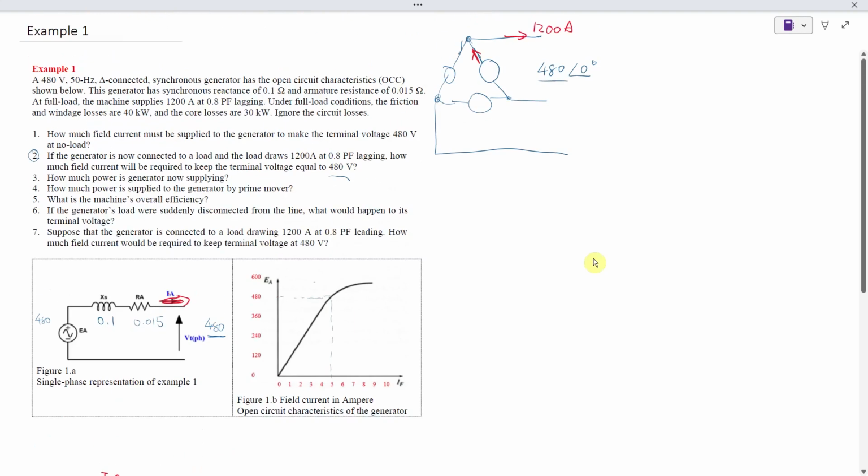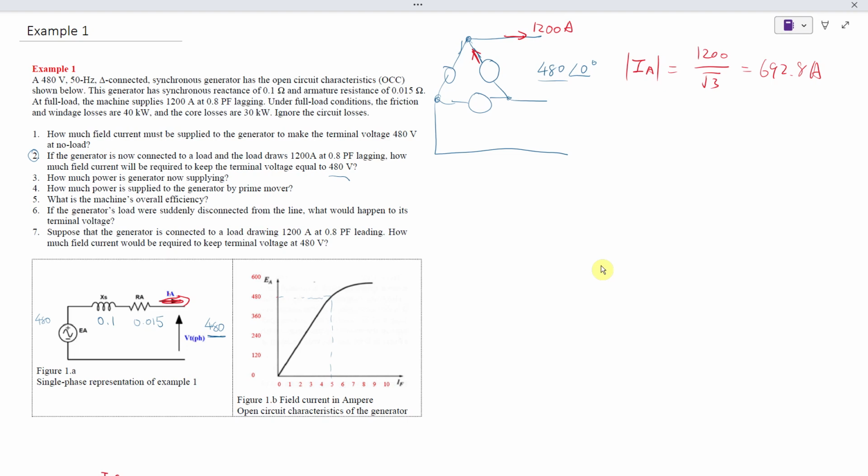Then we can figure out that the absolute value of IA, the phase current, is 1200 divided by root 3, and that equals 692.8 amps.